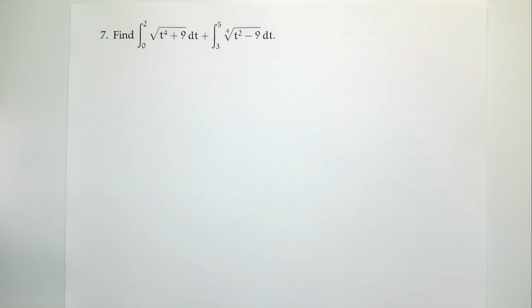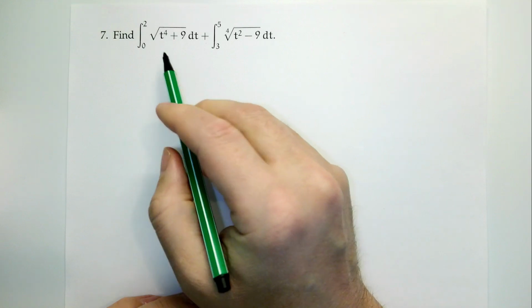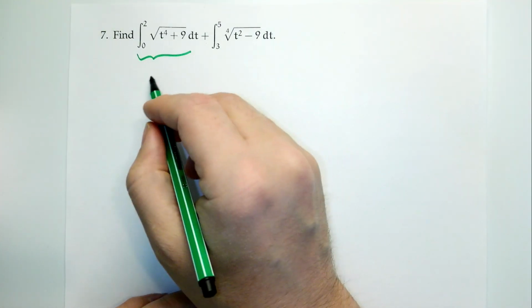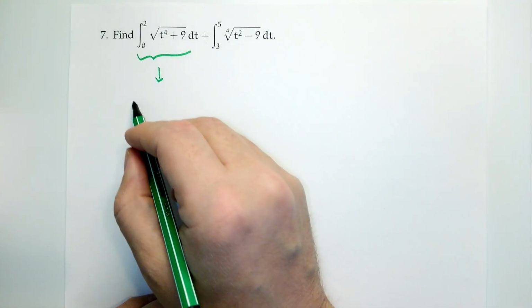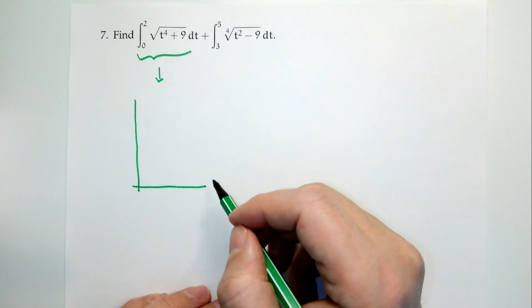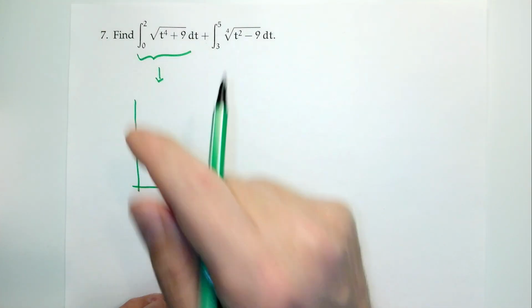So when we don't know what to do, and we don't have very many tools, one way to think of it is to try to get an idea of the picture here. So suppose I can think of this as going from 0 to 2.